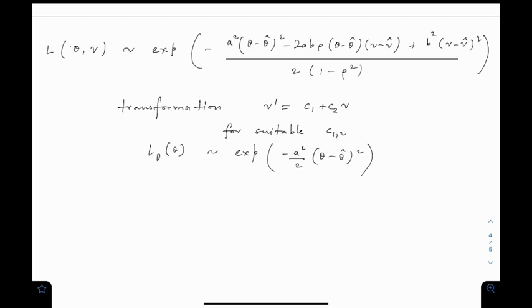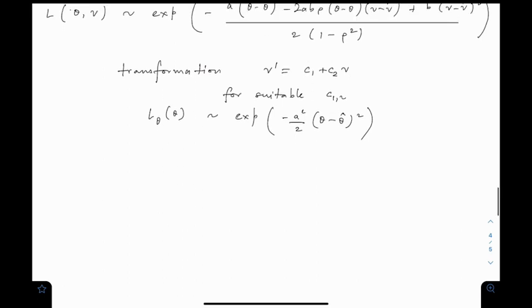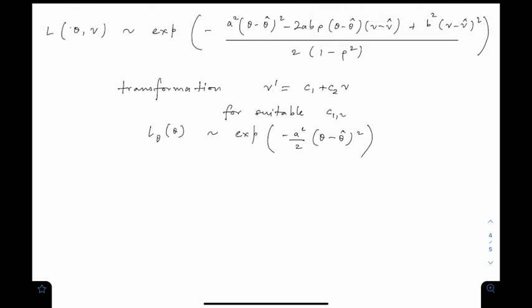The nuisance parameters are a problem only if the sample size is small. So let's look at an example of eliminating a nuisance parameter by such restructuring or transformation of variables.